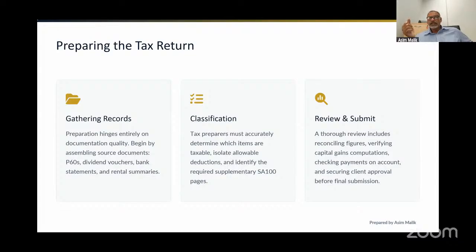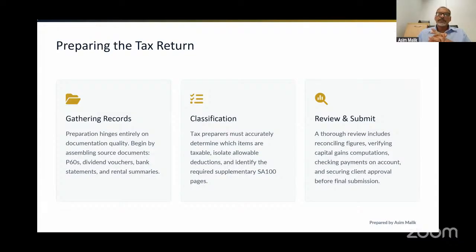before submitting. And in terms of submission, as I mentioned in the beginning of the webinar, you've got two options. Basically, use commercially available software to submit the information to HMRC, which in certain cases, and I'll come on to that in a minute, is mandatory. It's called the MTD regime.